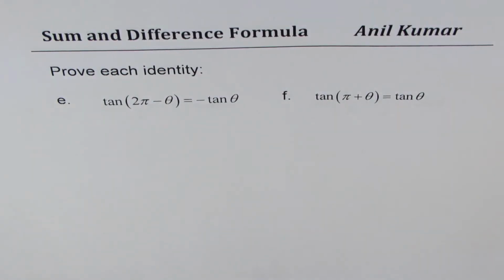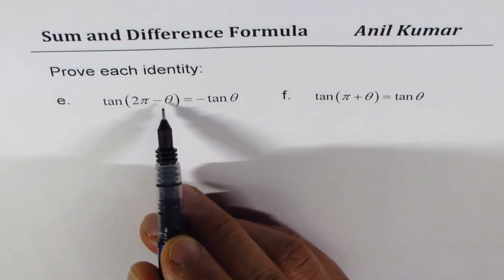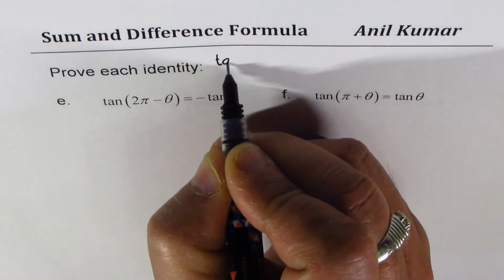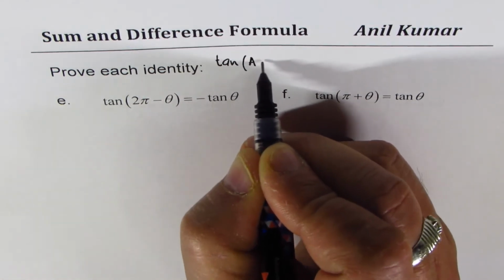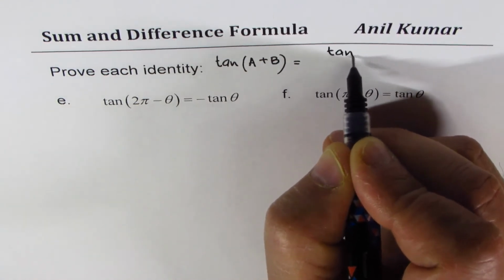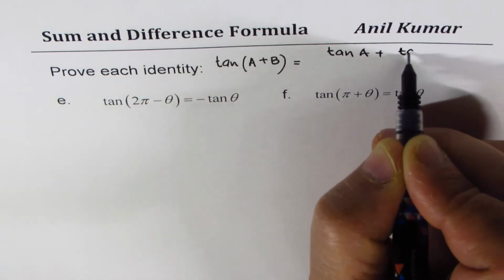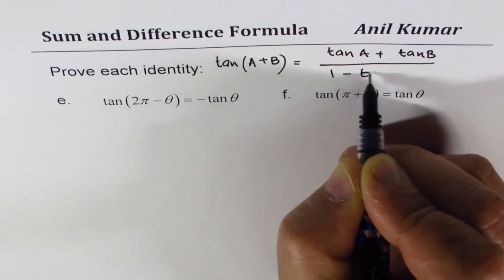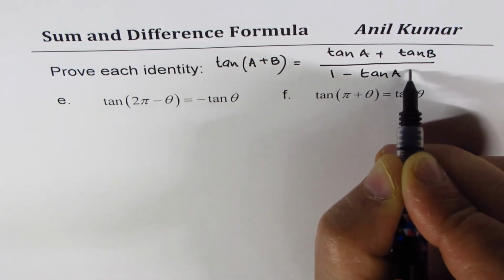So this time I have taken up tan A plus B and tan A minus B will be applied. So the formula is tan A plus B equals tan A plus tan B over 1 minus tan A tan B, correct?